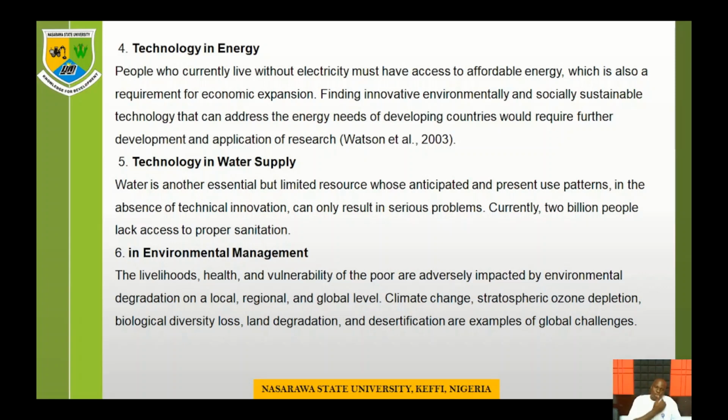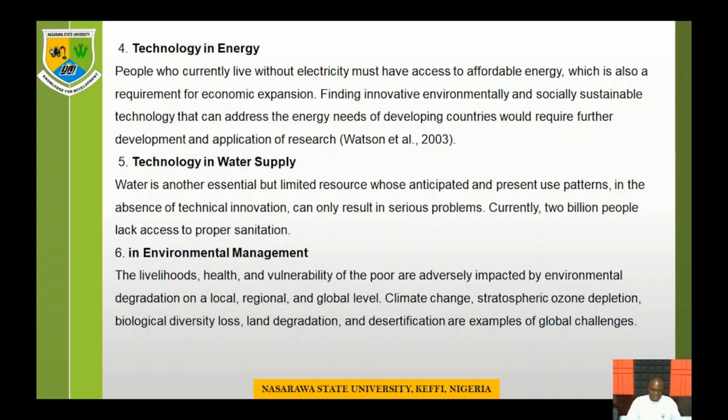And then also the use of technology in environmental management. So we have discussed earlier how the poverty level in this part of the world leads to deforestation, which is a very, very prominent problem in the world today, causing climate change.